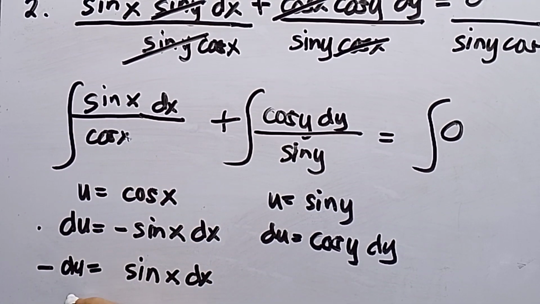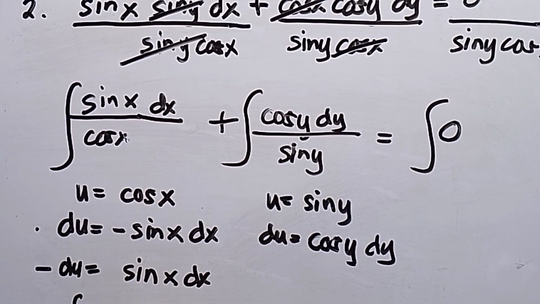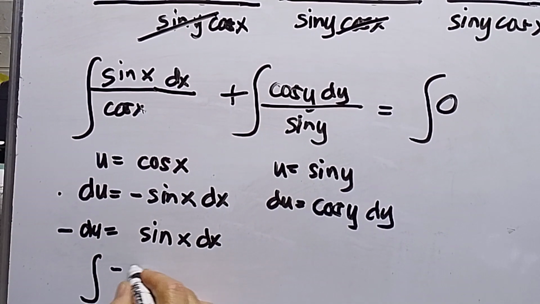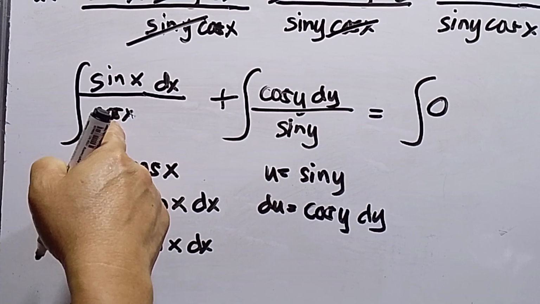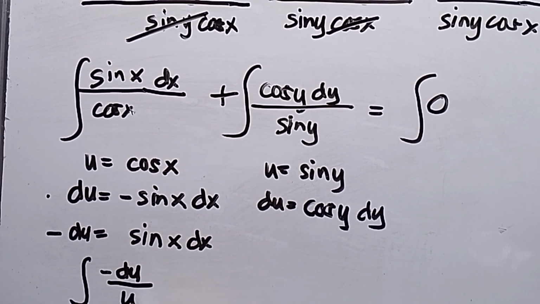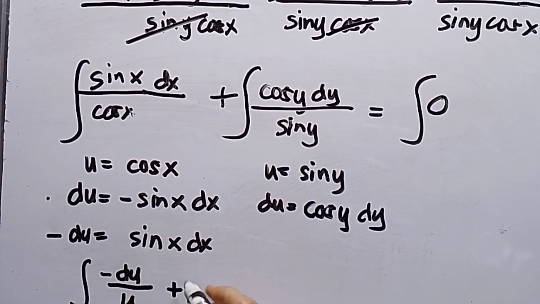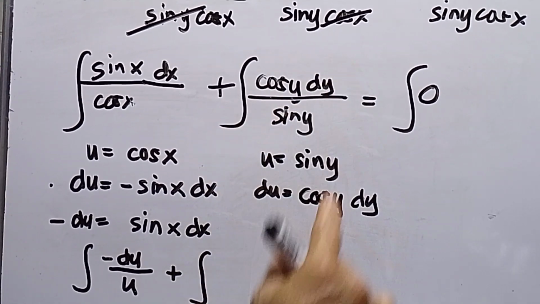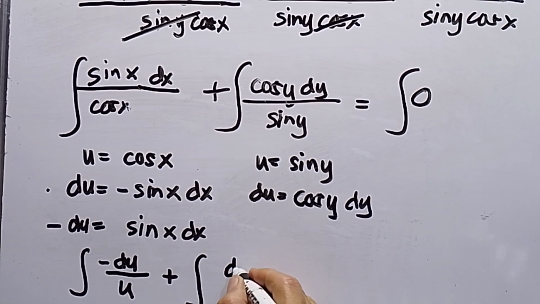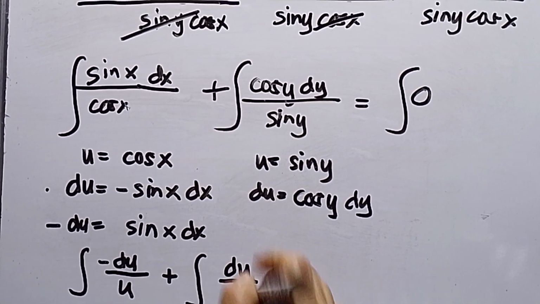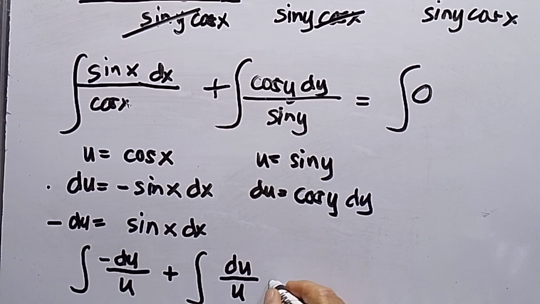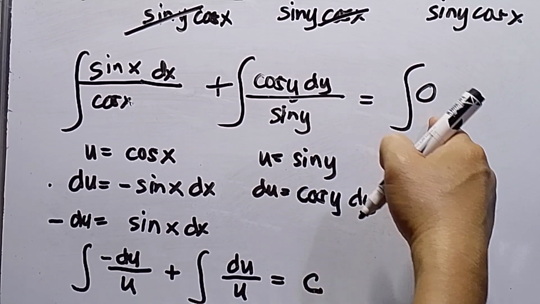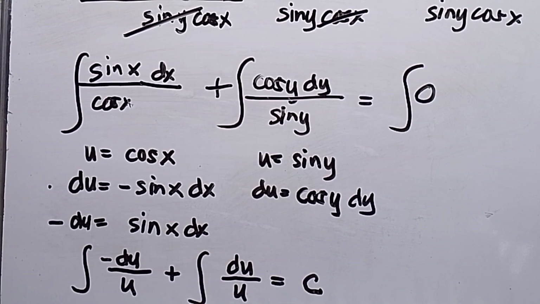So I have here integral of sine x dx is negative du, and then cosine x is my u. And then this will be plus integral of cosine y dy is du, and then sine y is u. Then the integral of a number will be a constant.